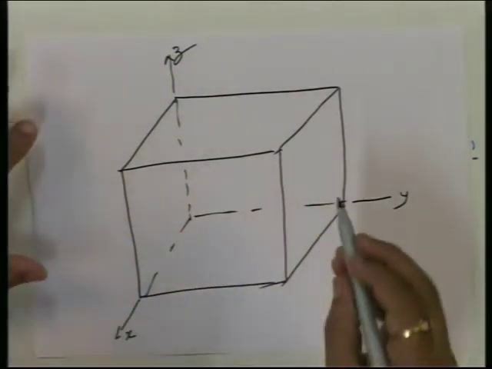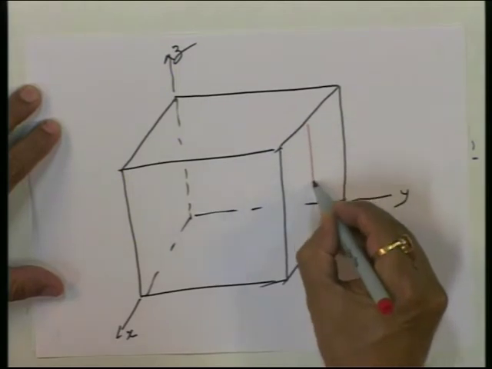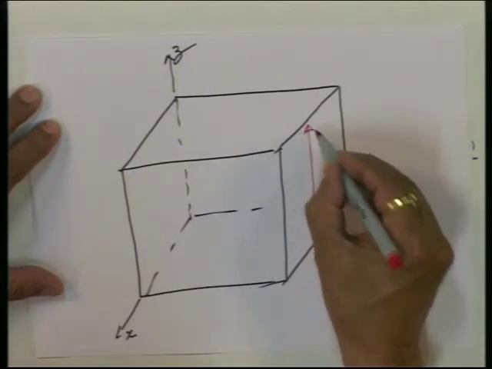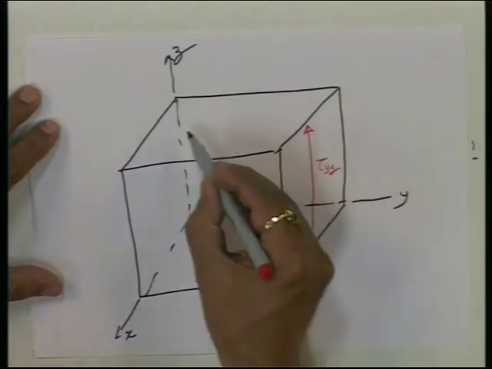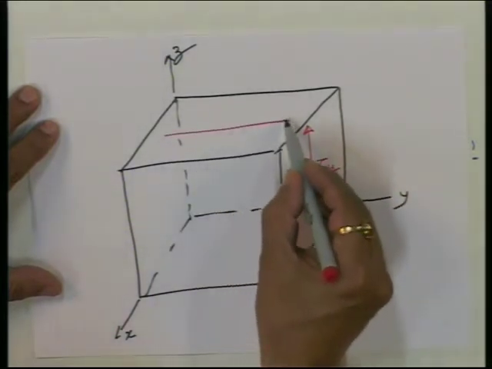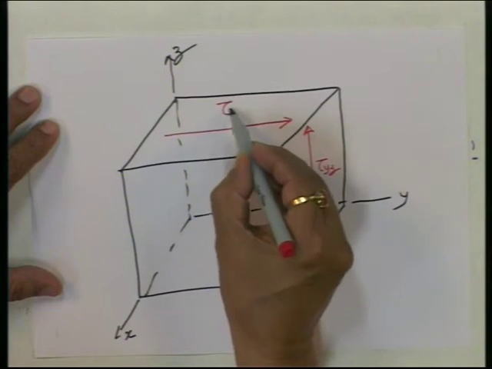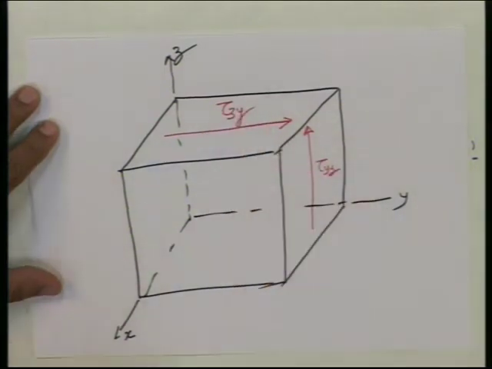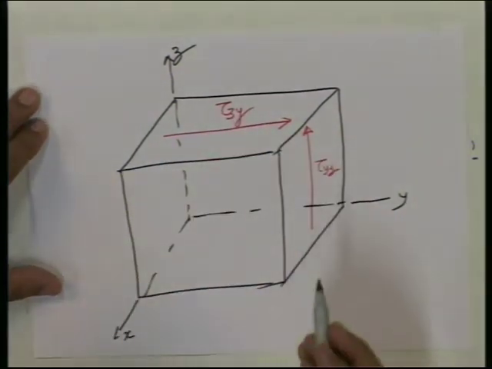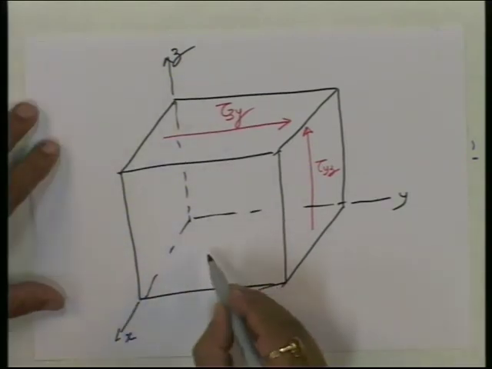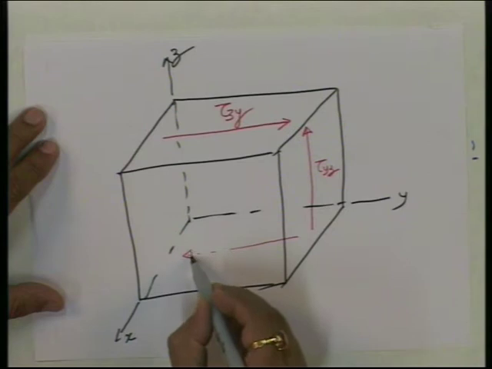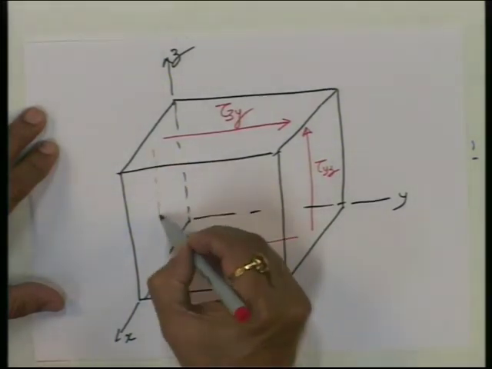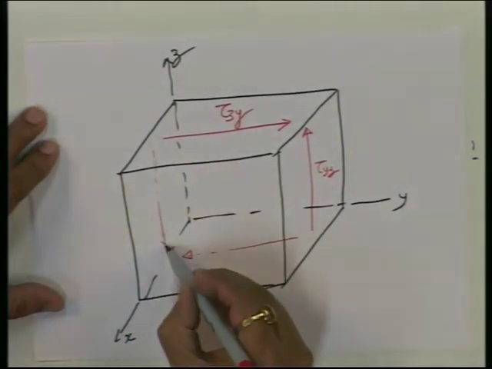Tau yz is like this on a y plane, and tau zy will be on this, on the positive faces. On the negative faces, you will have it like this on these two.